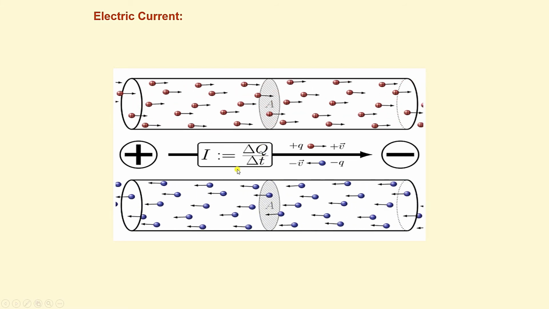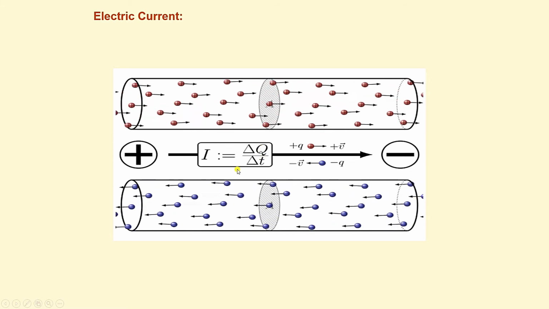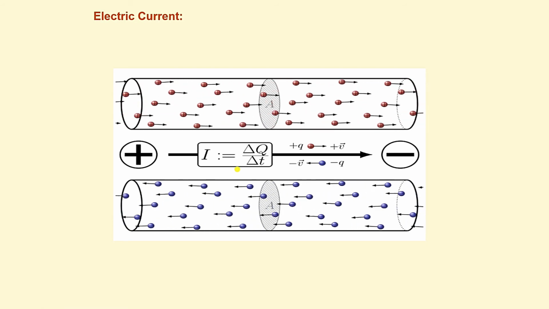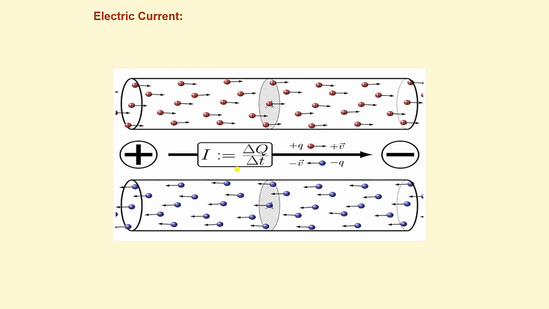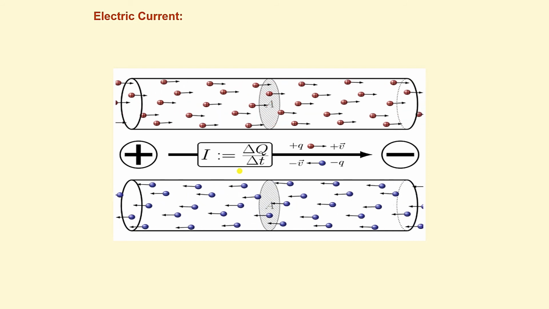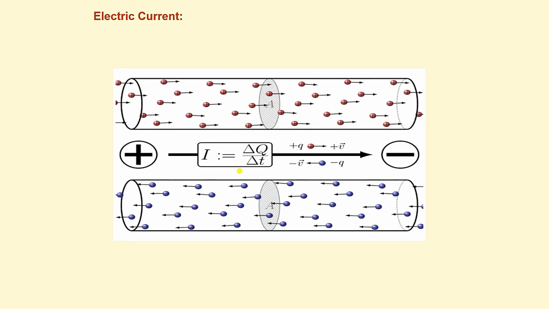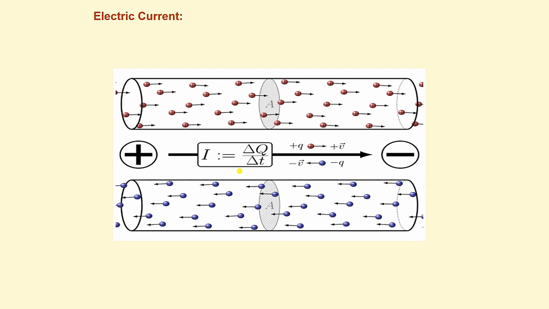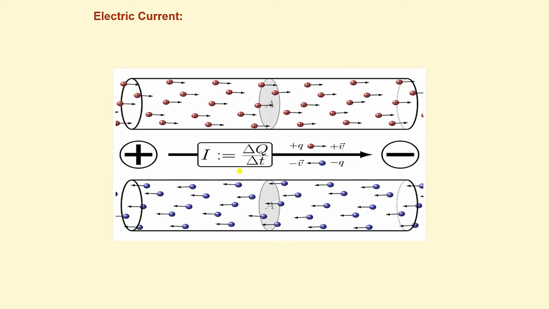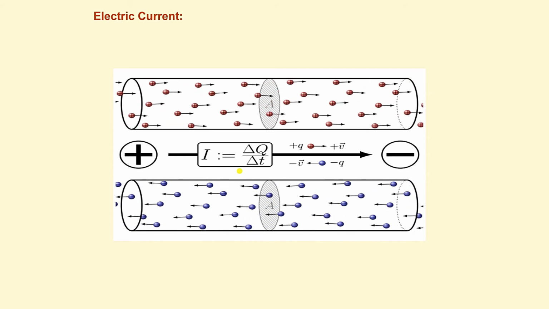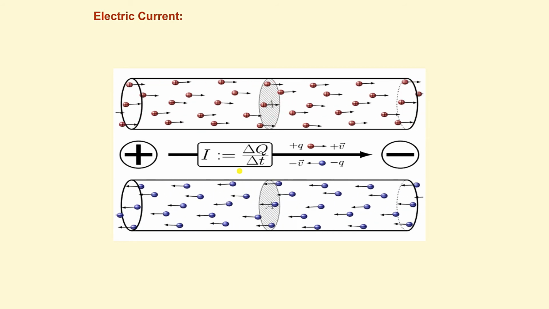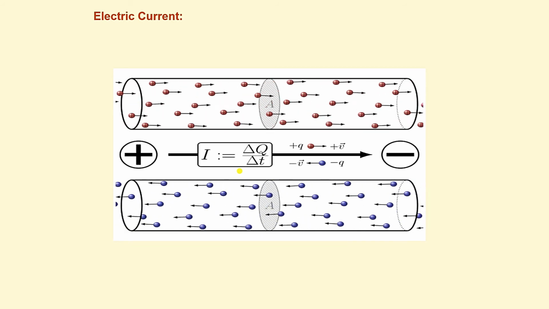Electric current is a scalar quantity and does not follow the rule of vector addition, although a direction is assigned to it.